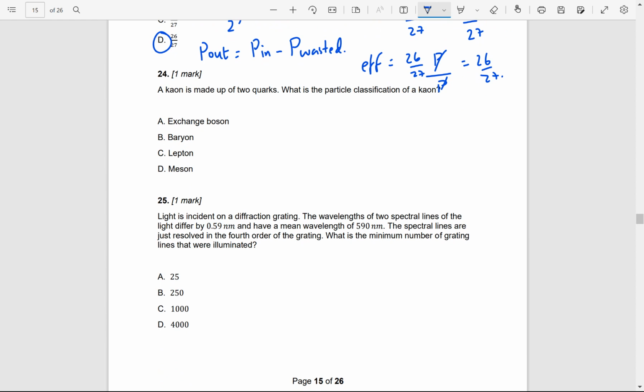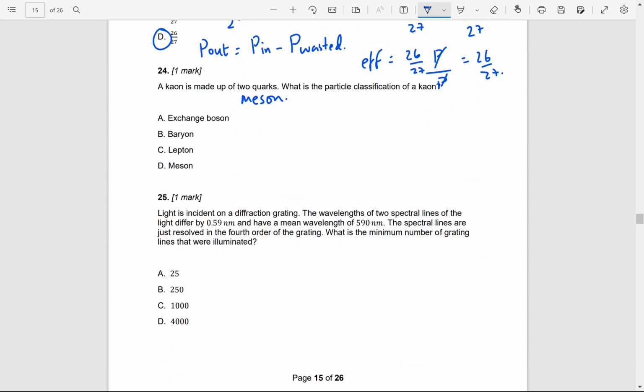24, a kaon is made up of 2 quarks. If it's 2 quarks, that is a meson. 3 quarks is a baryon. A fundamental particle is a lepton. An exchange boson is one of the virtual particles, like a W plus boson or a W minus boson. A baryon is 3 quarks.